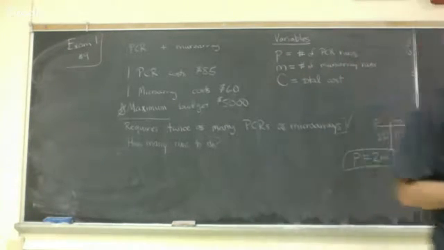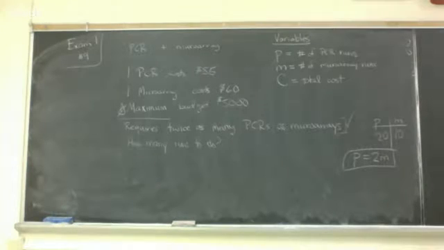Probably an 85 for P and 60 for M. What do you mean by that? You want me to change the 10 and the 20 to 85 and 60? And as I said, for each PCR, it's $85, and for each microarray, it's 60.